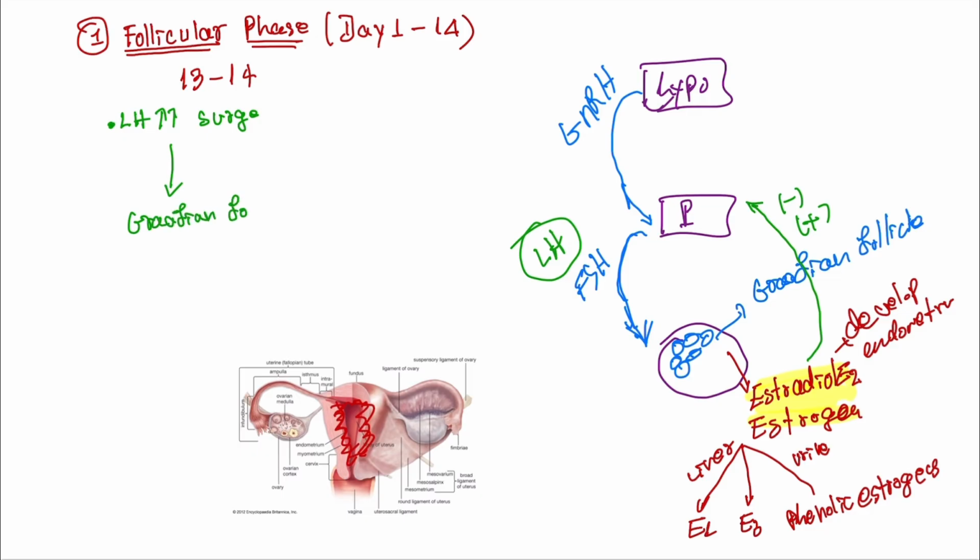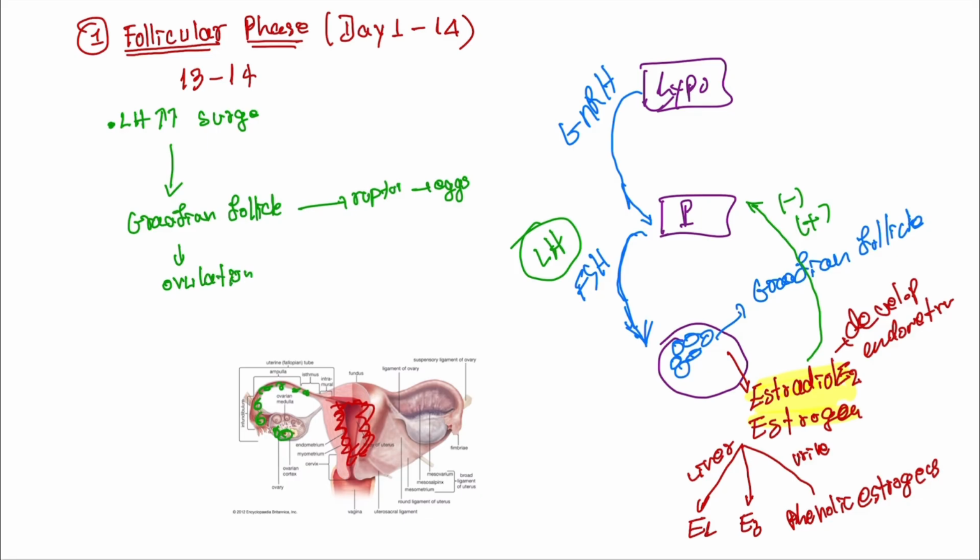When it ruptures, since the Graafian follicle contains the mature egg, it releases the mature egg to the fallopian tube, where it can be fertilized. The process that releases the mature egg into the fallopian tube is called ovulation.